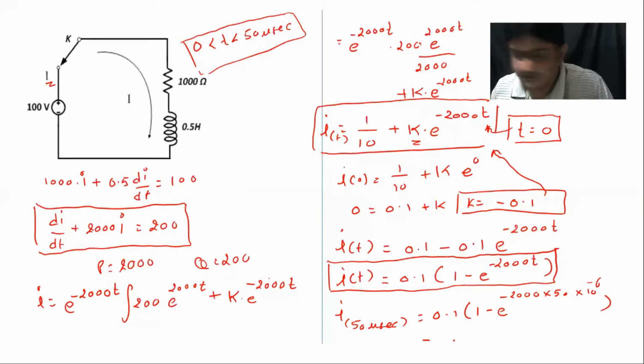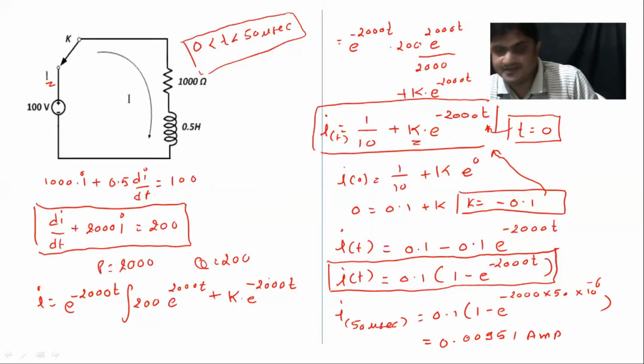So I will get the value of current I in this case equal to 0.0951 ampere. So at exactly 50 microseconds, my current value is 0.0951 ampere.